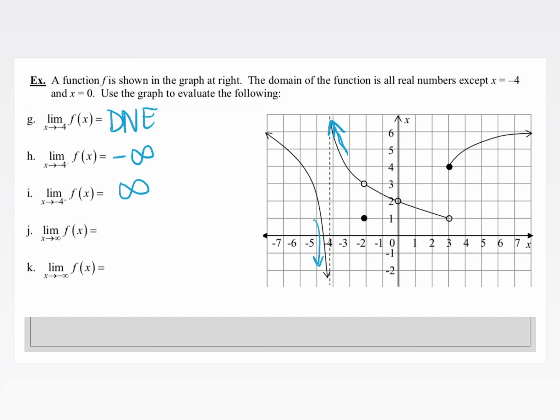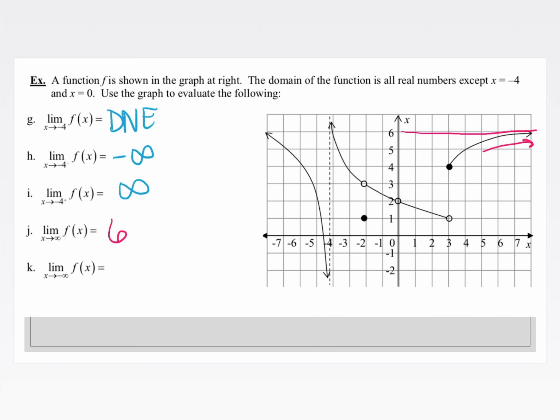Now if we look on our graph, as x approaches positive infinity, so we keep looking further and further to the right, it is approaching this value at y equals 6. So at this value 6 right here. This is actually, as we will get to in topic 3, I believe, a horizontal asymptote.